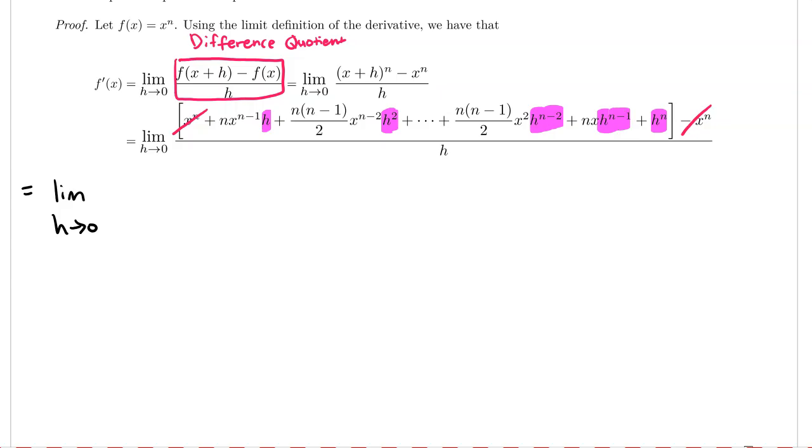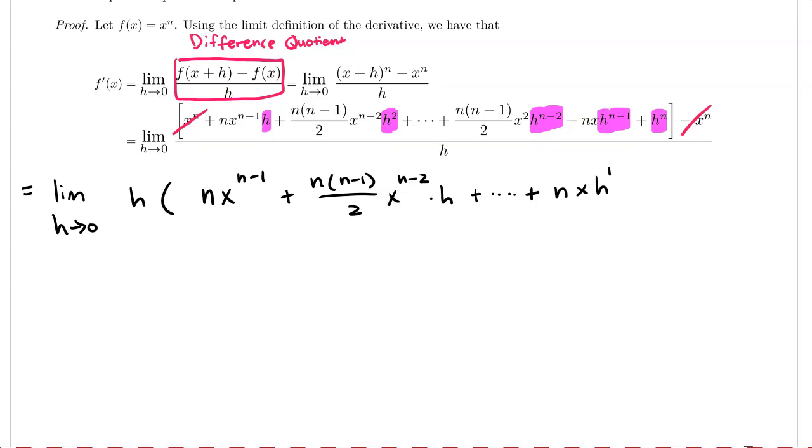And so we can factor out h, and that will leave us with n times x to the n minus 1 power plus n times n minus 1 over 2 x to the n minus 2 power times h plus dot dot dot, and then the second to last term we would have n times x times h to the n minus 2 power, and then plus our very last term here, when we're factoring out an h, would leave us with h to the power of n minus 1.